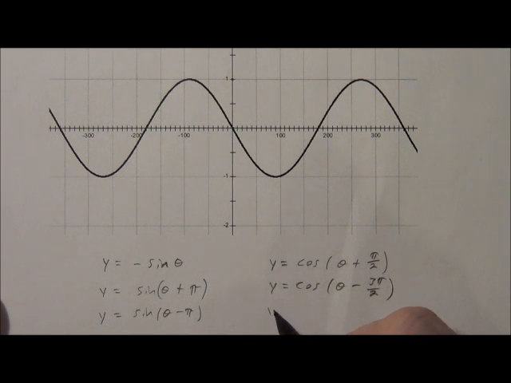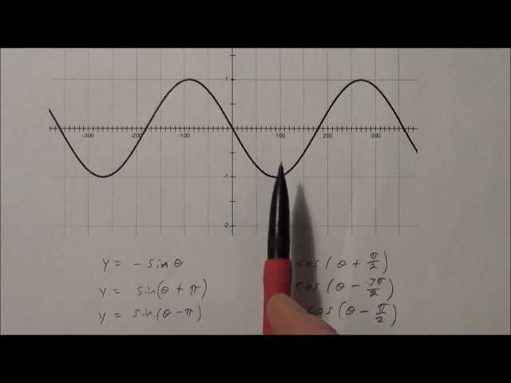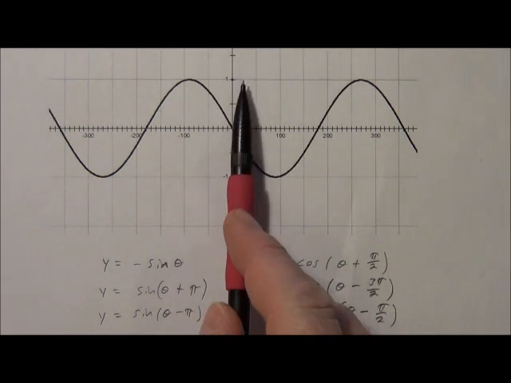And we could also see it as y equals negative cosine of theta minus pi by 2. So it's been reflected in the theta axis and shifted to the right pi by 2, meaning that this would be the beginning of a typical cosine curve, where it would start at 1 when theta is 0.